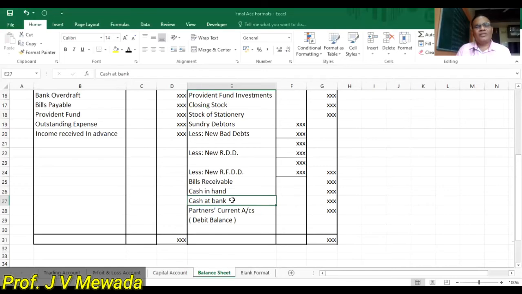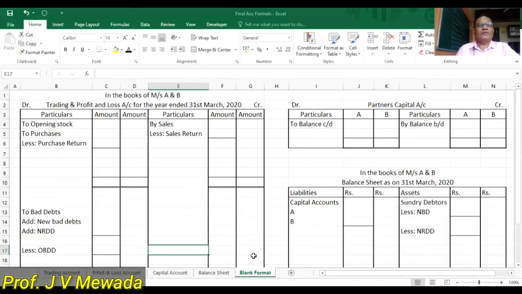Now what I am going to explain to you is, whenever we are solving the problem, before solving the problem, it is advisable to draw a blank format in the book.